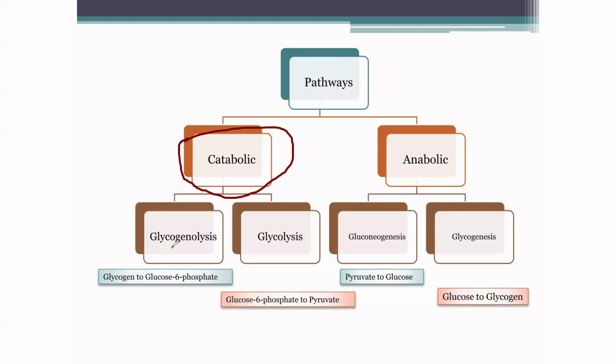In the case of anabolic processes, we have gluconeogenesis and glycogenesis. In gluconeogenesis, glucose is synthesized from pyruvate, and in glycogenesis, glucose is used to synthesize glycogen. So this is anabolism.